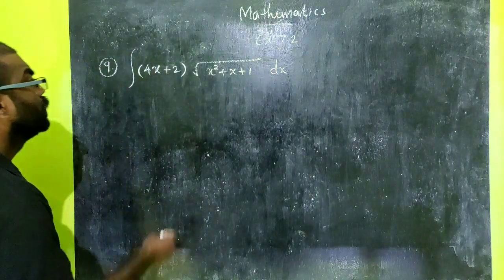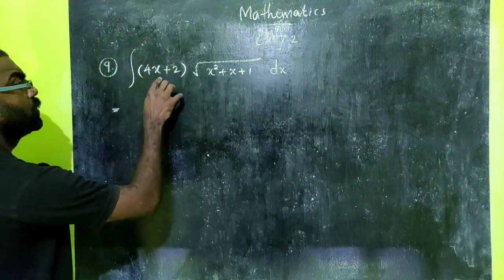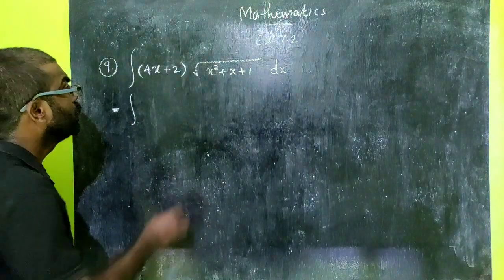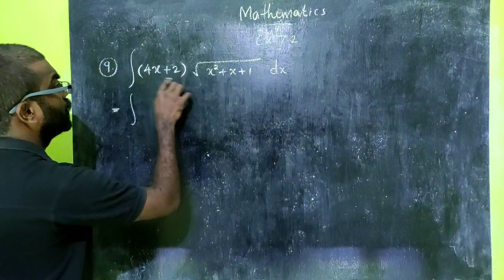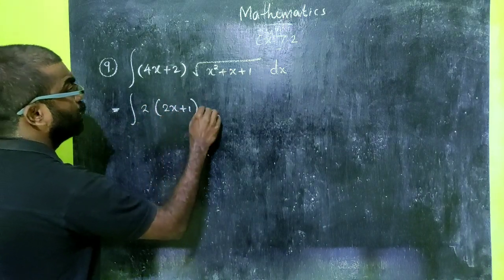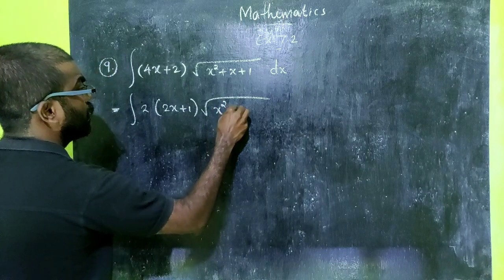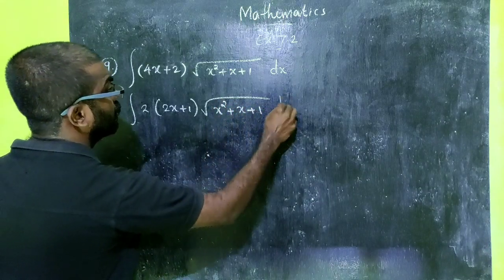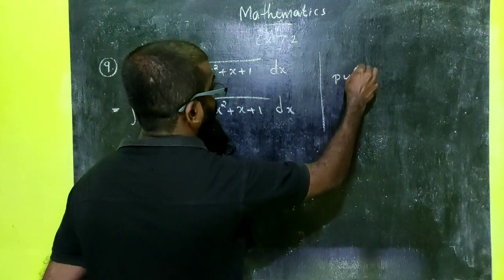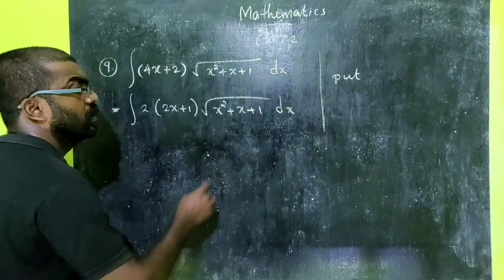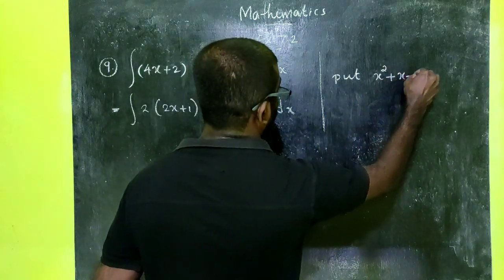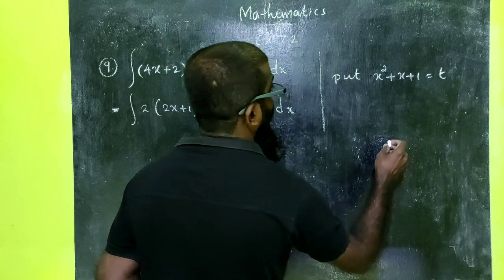Next one is integral 4x plus 2 into root of x square plus x plus 1. So from the first term we can take 2 common. So 2 into 2x plus 1 into root of x square plus x plus 1 dx. Here we can substitute the term inside the root as t: x square plus x plus 1 is equal to t.